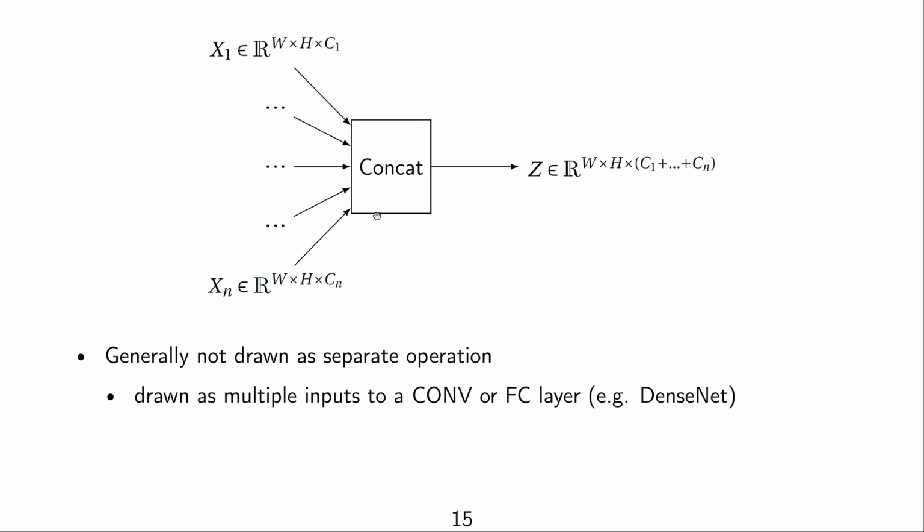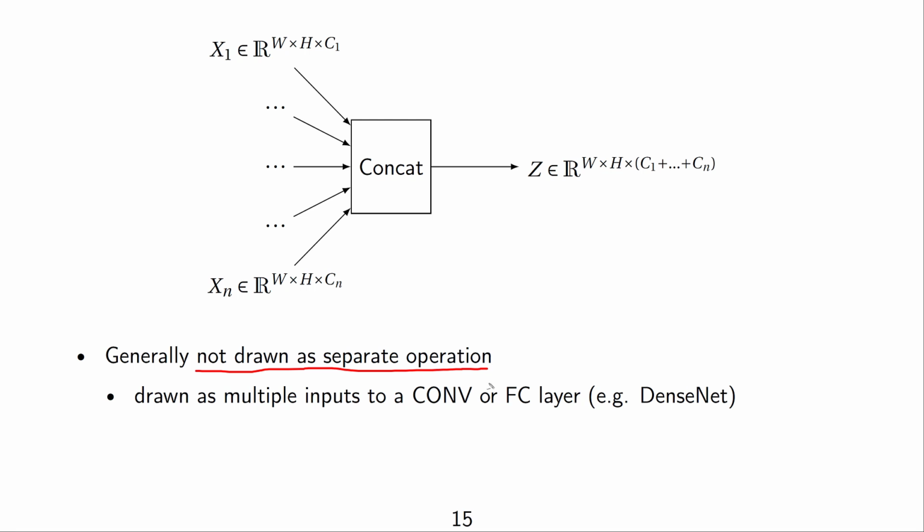So here is one way to draw that, where there would be some concatenation layer, and so generally it's not a layer, but a concatenation operation maybe, where there's multiple tensors coming in that are concatenated, and then as output we have the concatenated tensor. The trick is that this is generally not drawn as a separate operation.